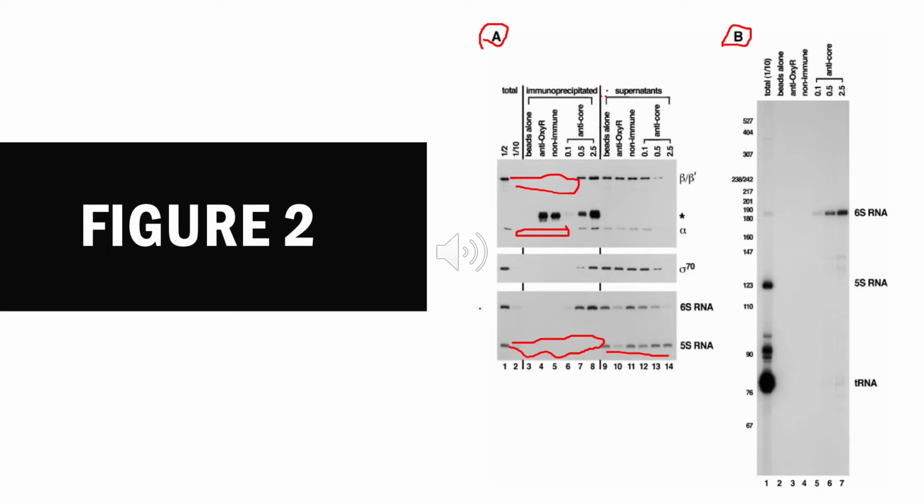If we got a positive result, it would suggest the holoenzyme, because that's specific to the holoenzyme. If not, then it would be the core RNA polymerase. I have circled that one little area of dark banding around the 6S that is in the anti-core region. That tells us right there that this is the holoenzyme RNA polymerase that we're dealing with.